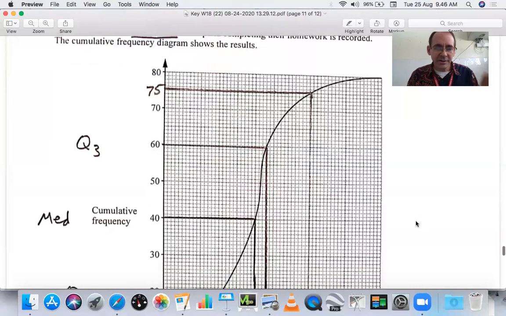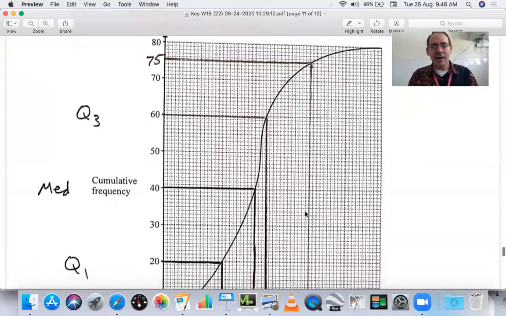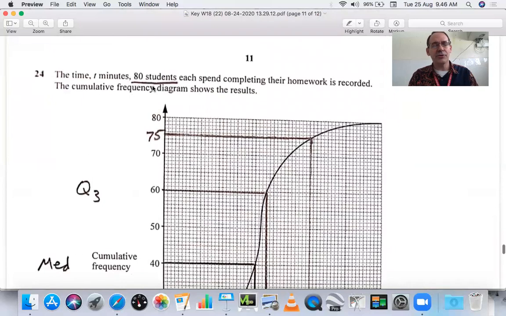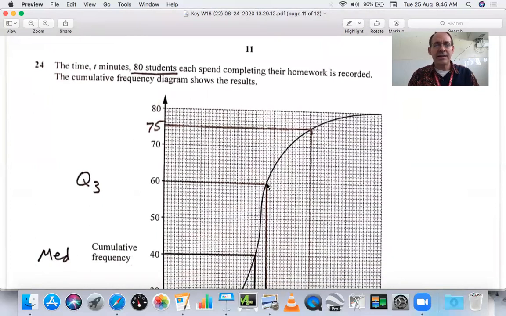Now we get to this cumulative frequency graph, and it's already drawn for you. You don't have to draw it. There are 80 total students. Make sure you just check with the top of your graph. Usually in IGCSE, the top of their graph is also the top of the scale here on the side. When you get up into A level, sometimes this scale goes up higher.